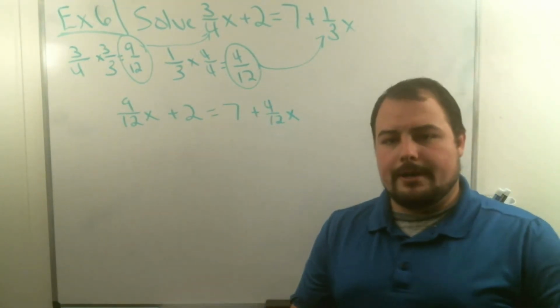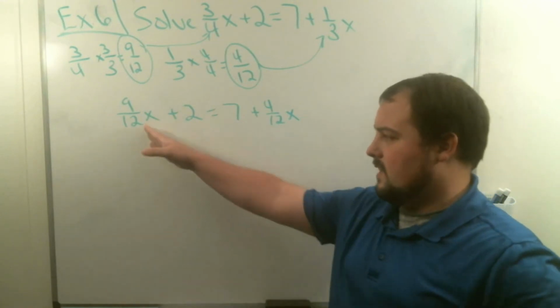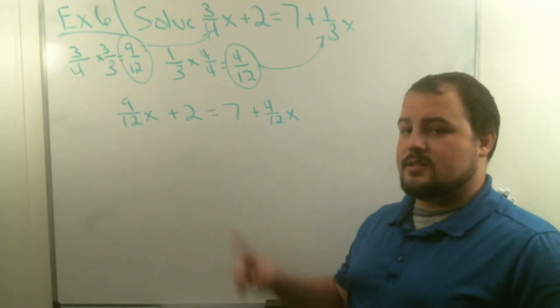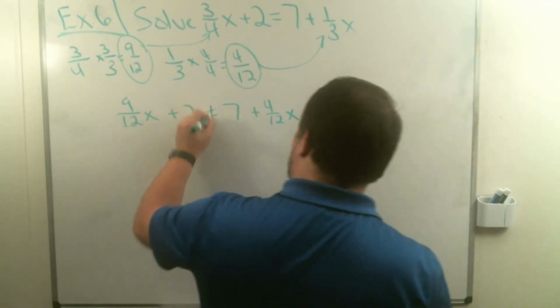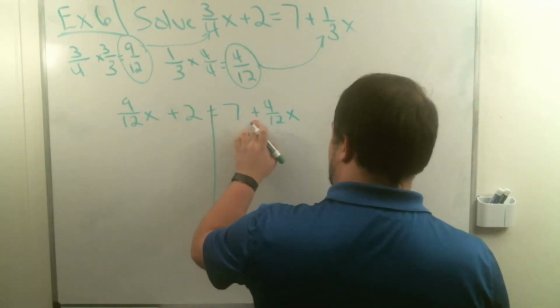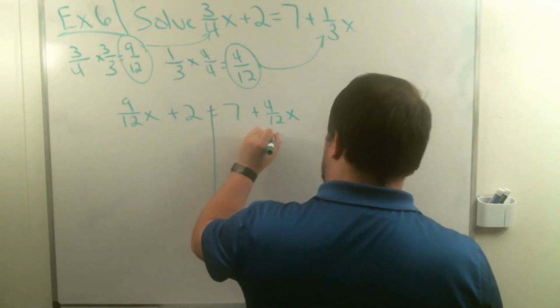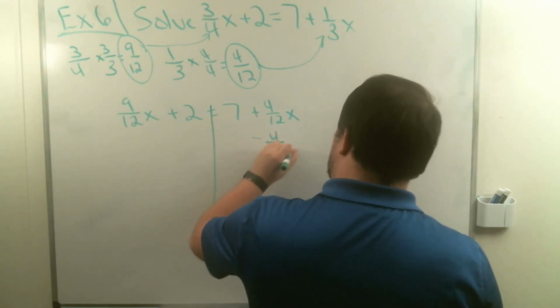Now we just follow rule 1. Get rid of the smaller variable. We have 9/12x and 4/12x. 4/12x is smaller, so we're going to get rid of that. I'm going to draw a line through our equal sign, and to get rid of a plus 4/12x, we're going to minus 4/12x.